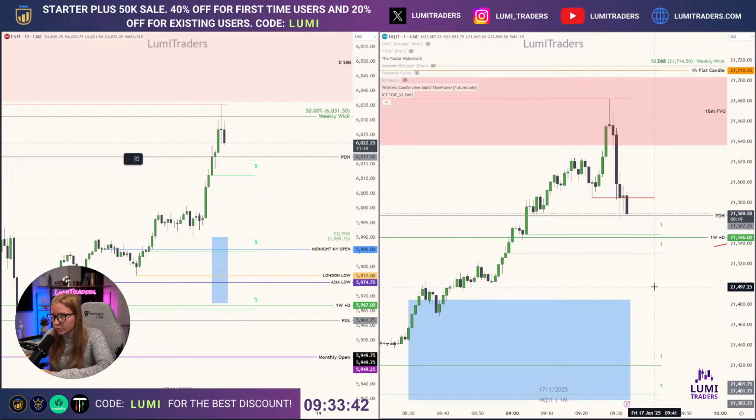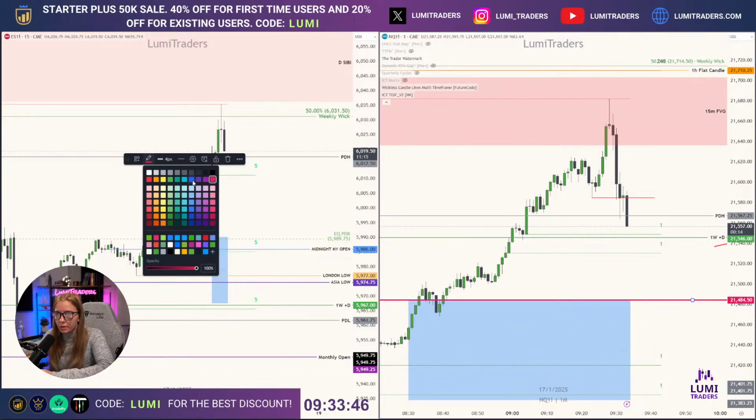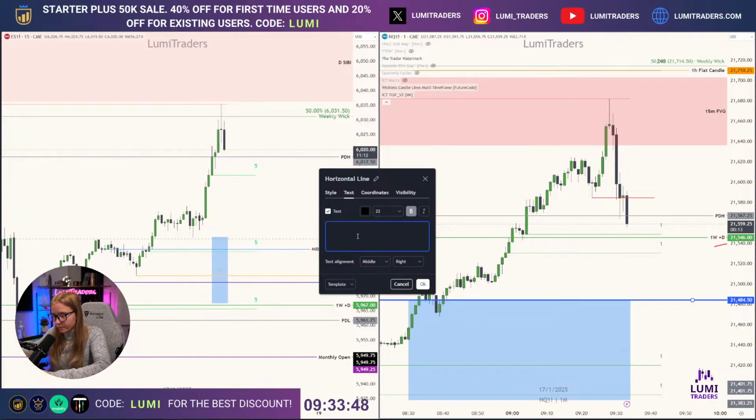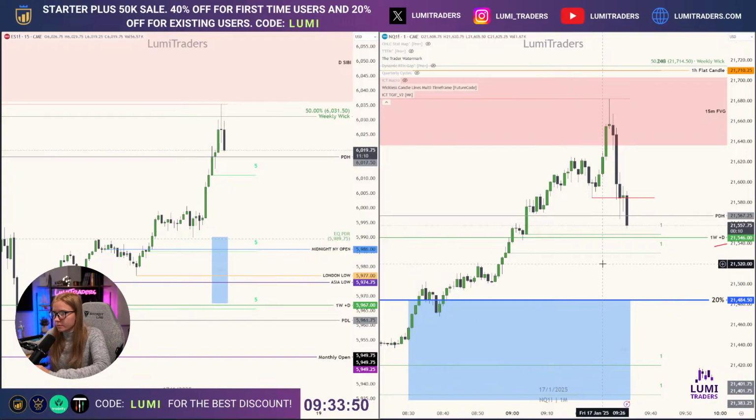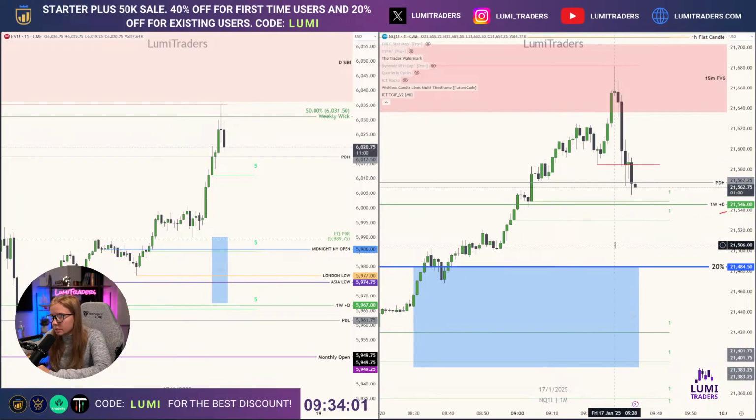So basically right now, 20% of current weekly range is right here. Our TJF level. So this red line is potential market structure shift. We got immediate retest of this level right here.